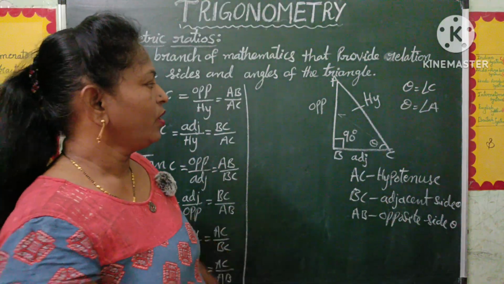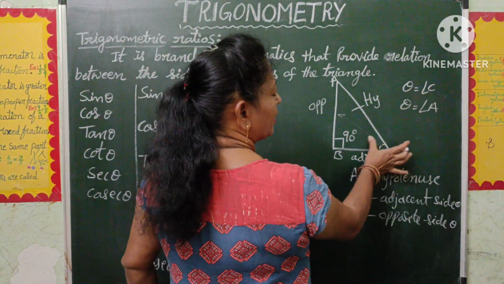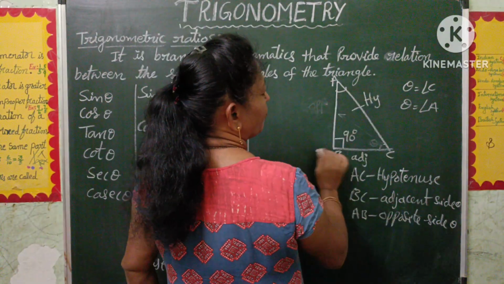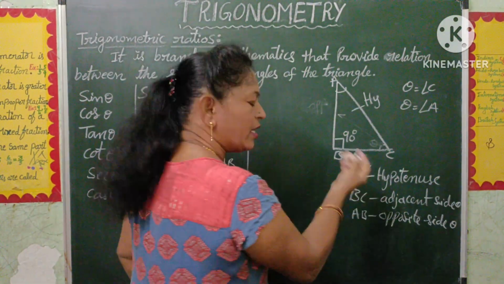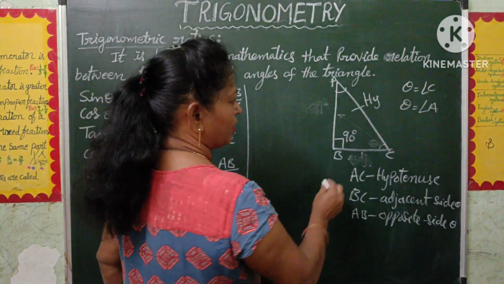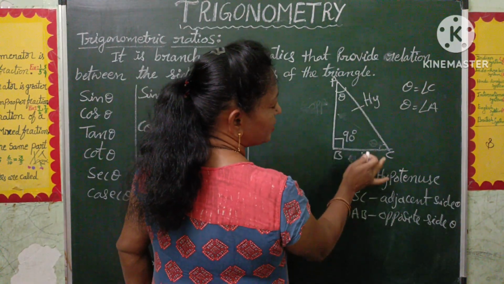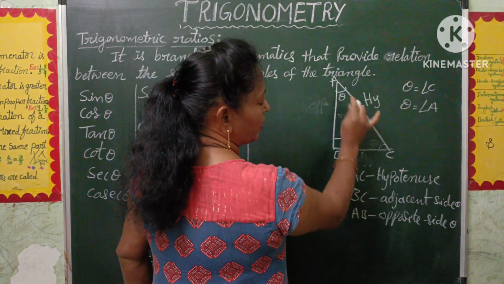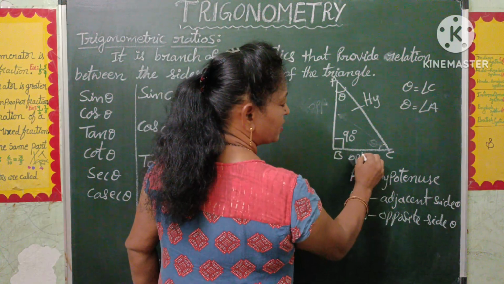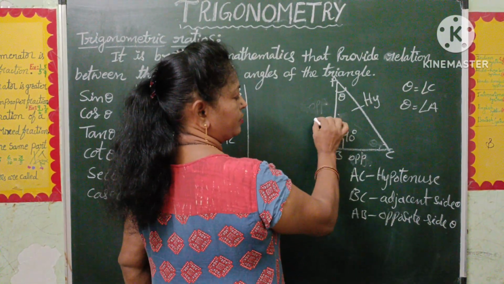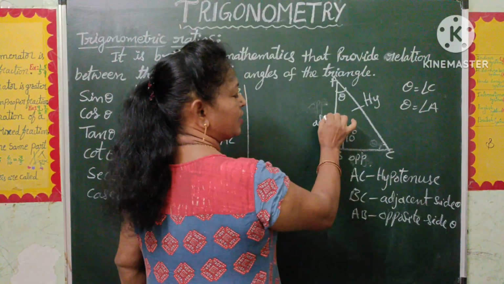Now, if you take the angle at A, then the sides will also change. When we take the angle at A, side BC is the opposite side and AB is the adjacent side.